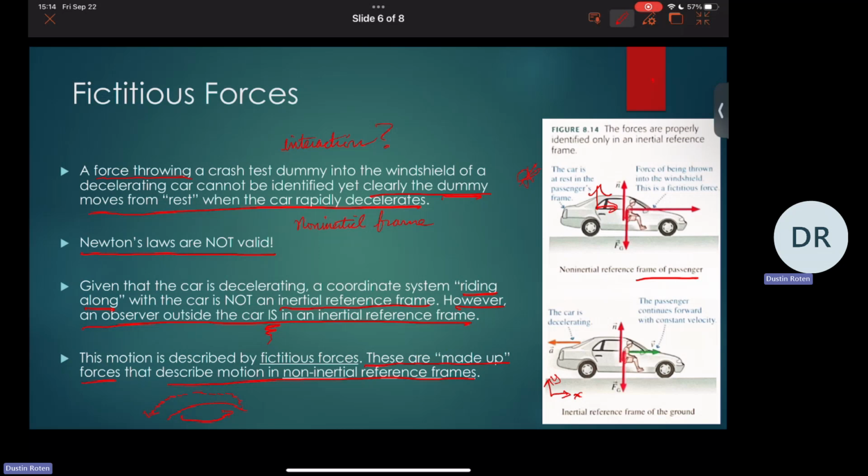So even though the aircraft or whatever is traveling in a perfectly straight line, if we're riding along on the Earth, we don't see the rotation of the Earth, so it looks like the plane is starting to shift after being in the air for a long time. So Coriolis forces are also an example of a fictitious force.